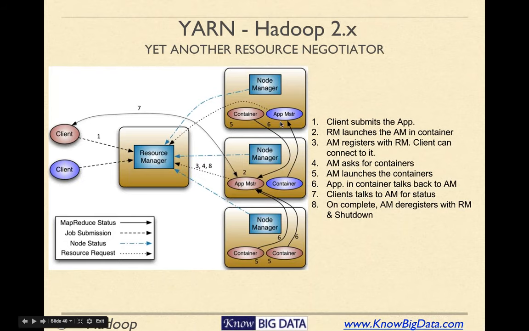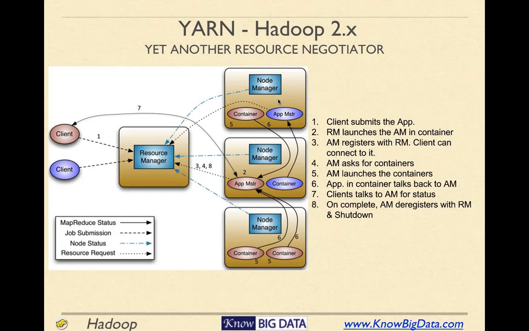Once you establish the headquarters, they will again raise a request that, hey, we need 20 containers, as in 20 more smaller offices in the country. Give us those. And then those containers would be availed by various node managers.